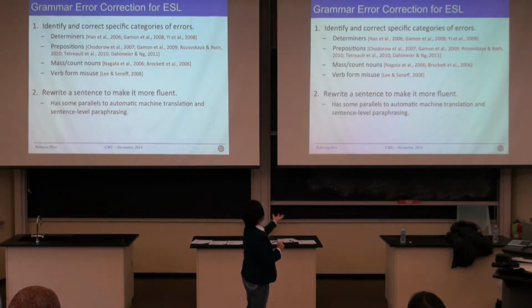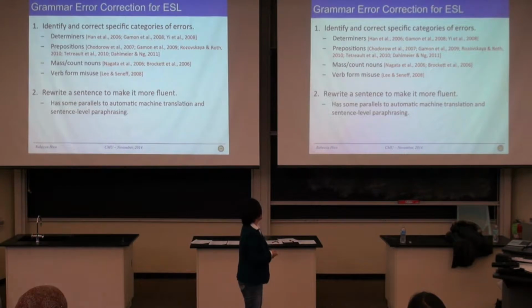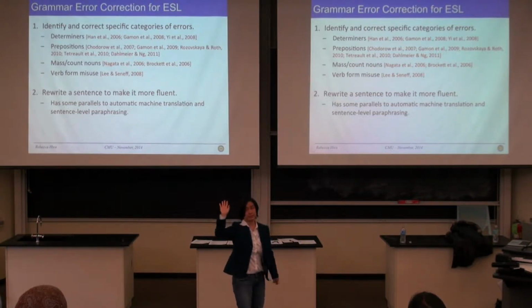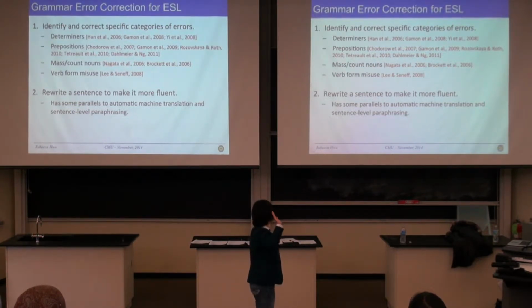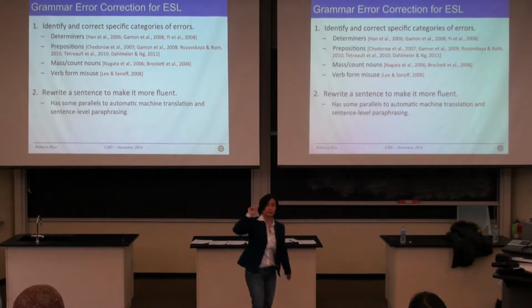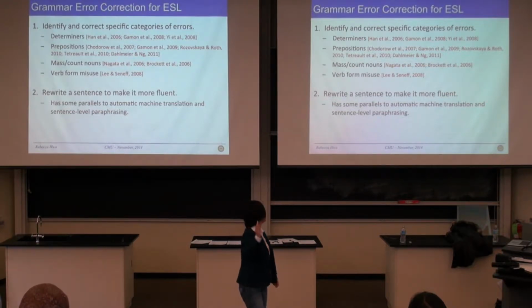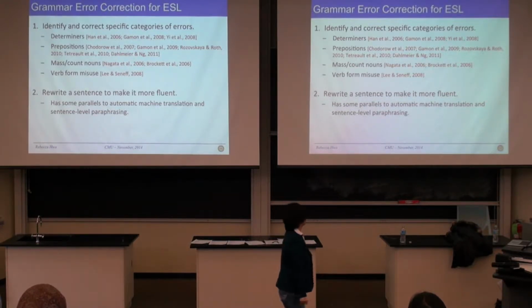And the way they do it is they basically check against specific categories of error, such as determiners. This is one that I'm personally particularly bad at, being a non-native English speaker. Prepositions, mass count nouns is the one that I absolutely hate, and verb form misuses, tense, and stuff like that.